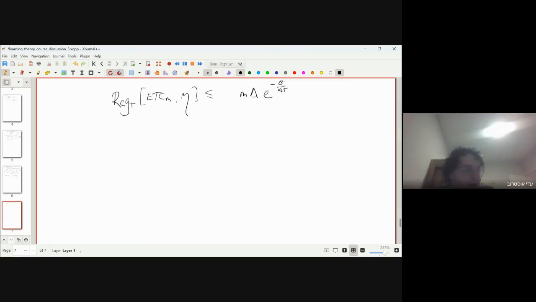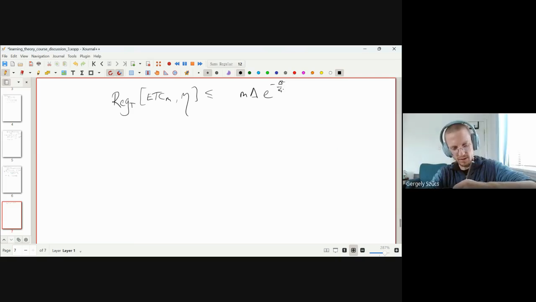Because it's the number of times you end the exploration phase. So anyway, we had some factor like this, and actually sorry, this is t minus m. So this is the probability that we picked a wrong arm.